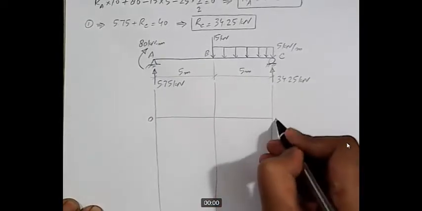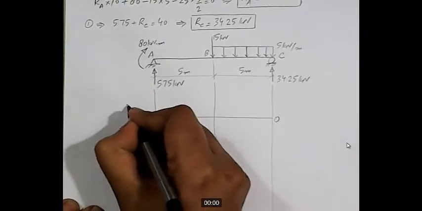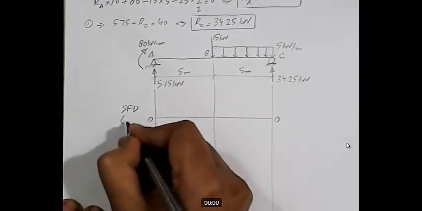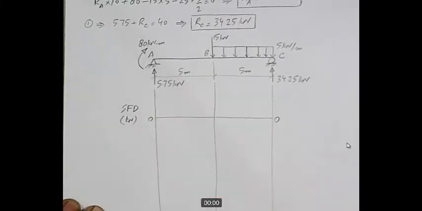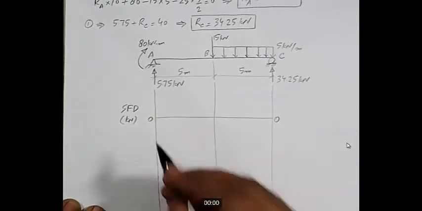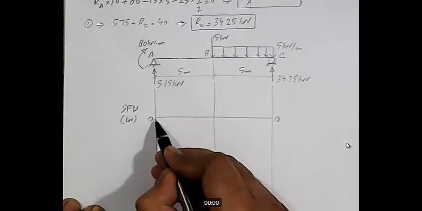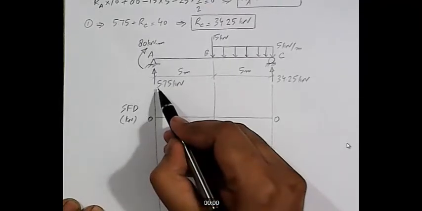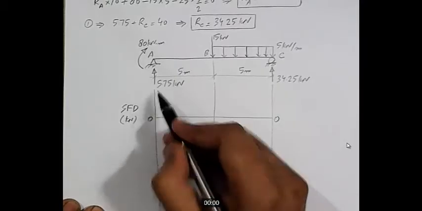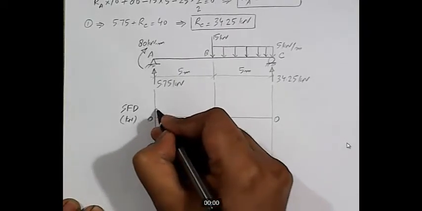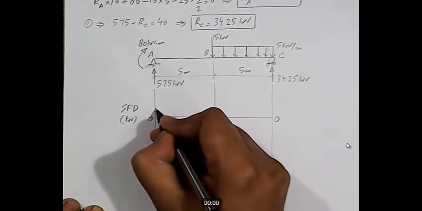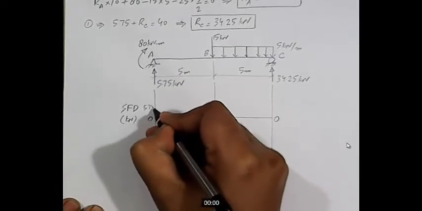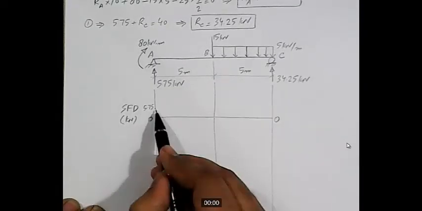This is our 0, 0 line. SFD in terms of kilonewton. Okay. So at point A, which force is acting? This RA is acting in the upward direction. So this will bring SFD to a value of 5.75 here.